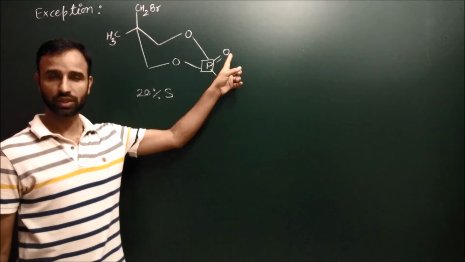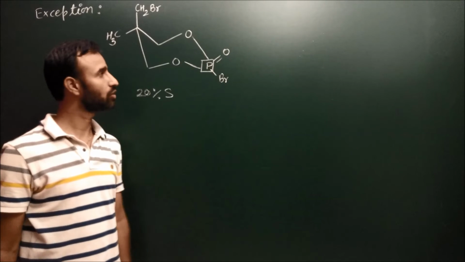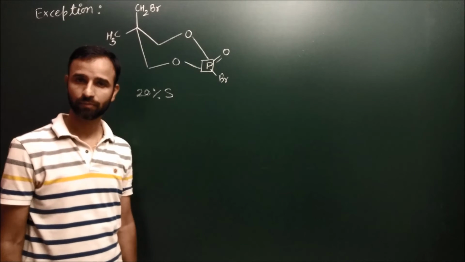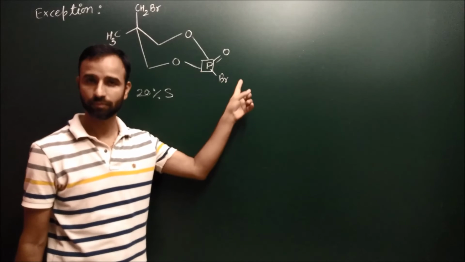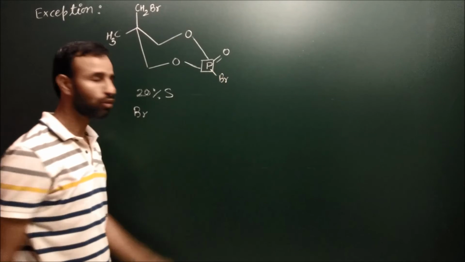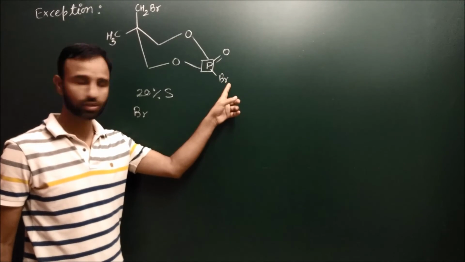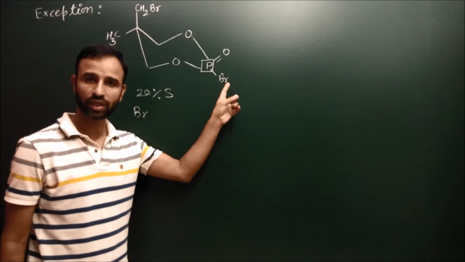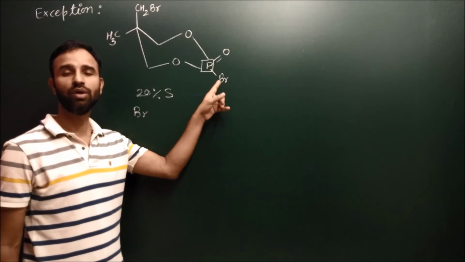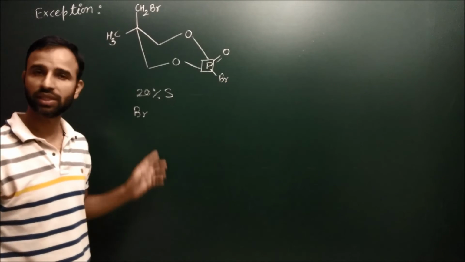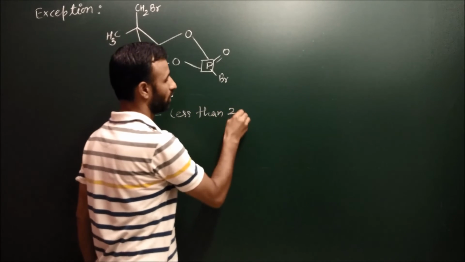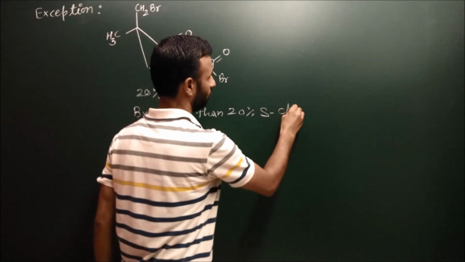Now this exocyclic oxygen is also expected to have less than 25% S character, but surprisingly, out of these 4, bromine is the least electronegative. So this bromine, being less electronegative, according to Bent's rule, prefers to stay in orbitals having more S character. But surprisingly, bromine also attracts less than 25% S character.